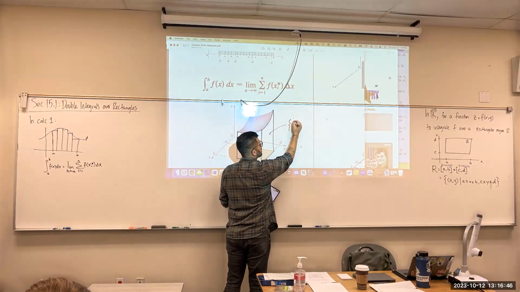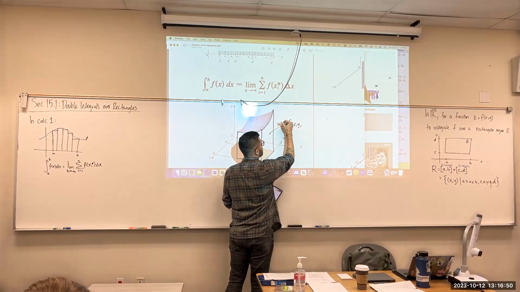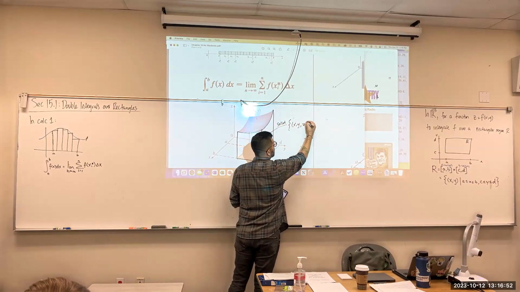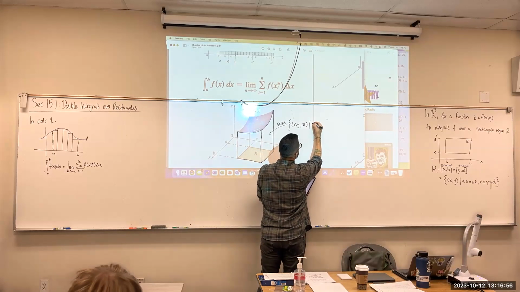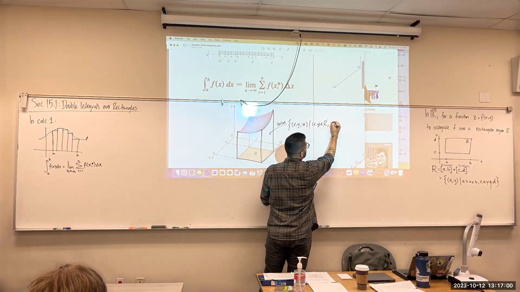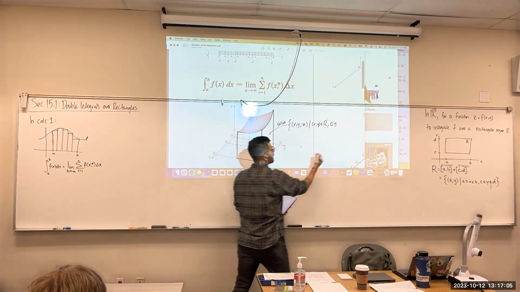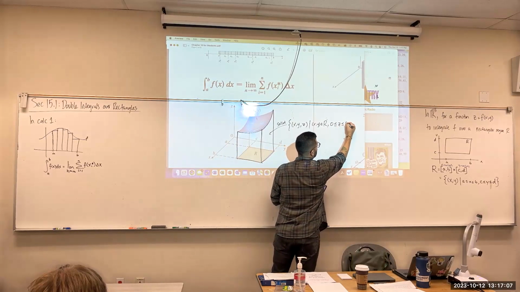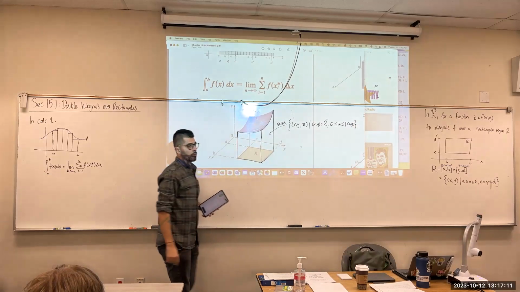This is a set of three-dimensional points, so that X and Y are in R, but Z is in between the XY plane and the surface. That's the solid that we're trying to find the volume of.